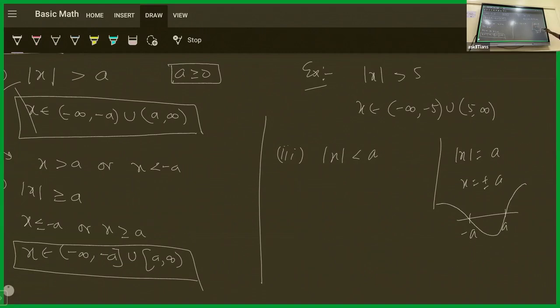And now if you see the inequality, this is positive, negative and positive. We want this as negative और less than a. तो less than a के लिए it should be in between minus a and a.